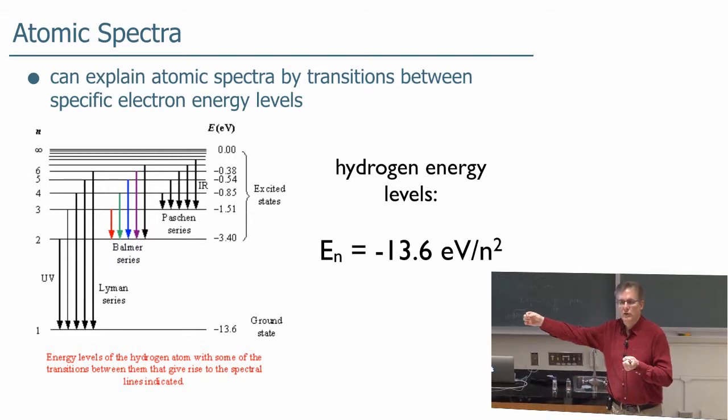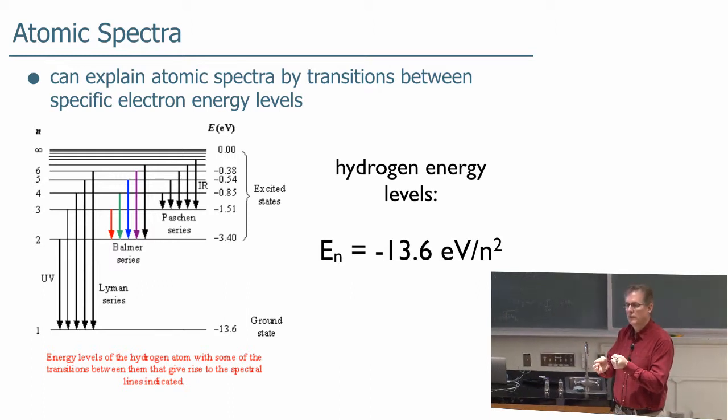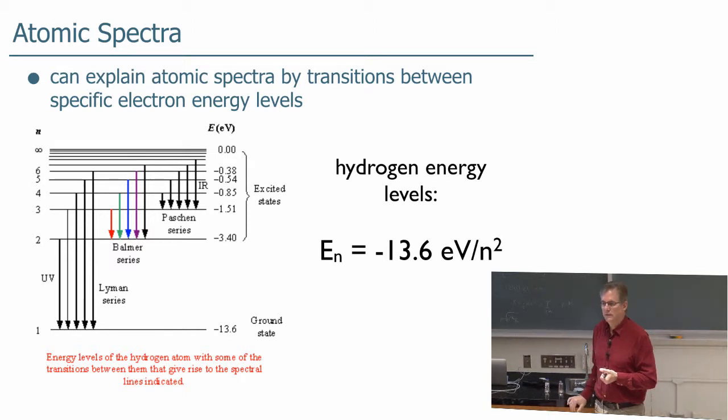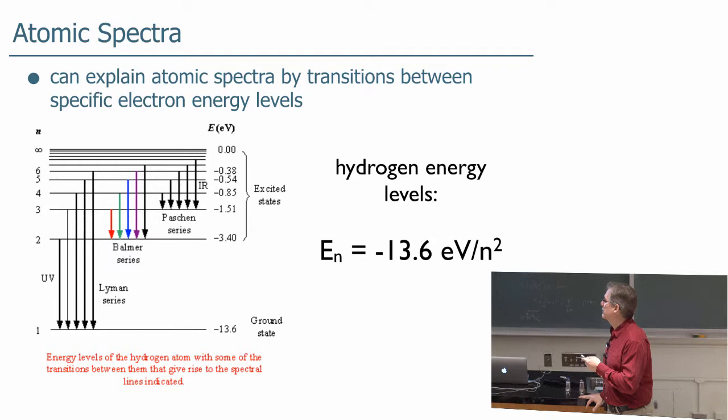Now, due to the electric potential energy between the electron and the proton, the lowest energy that the electron can have is minus 13.6 electron volts. Okay? And then the next highest one is minus 3.4.